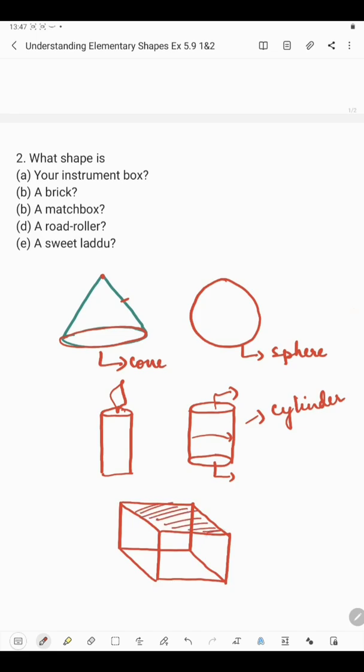The flat surfaces are known as faces. If you count the number of faces, you'll get 6, and this is called a vertex. This is the length, this is the width, and this is called height. So a cuboid has the shape of a rectangular box.